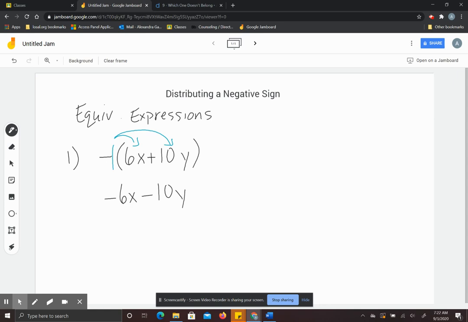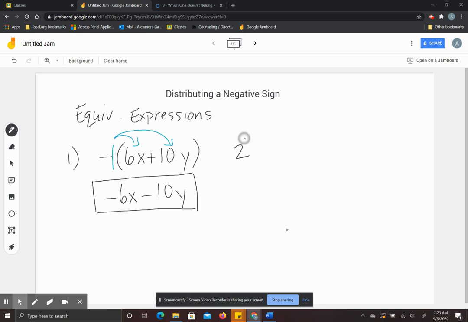Then I look to see, do I have any like terms? Anything I can combine? No, I do not. So that is it. So our first one is just looking at what it means to distribute that. It just means that that negative will be multiplied to each term in the parentheses.